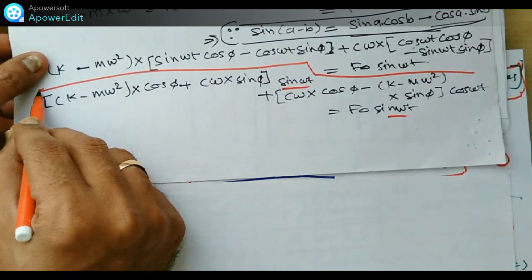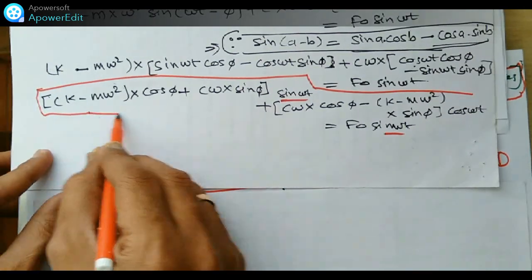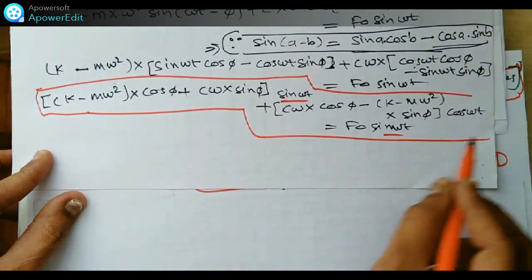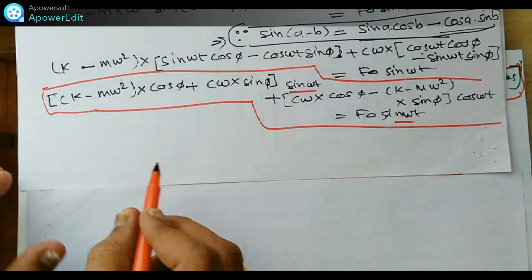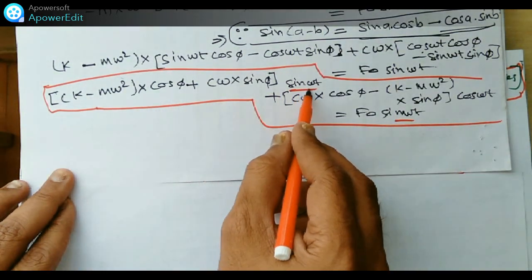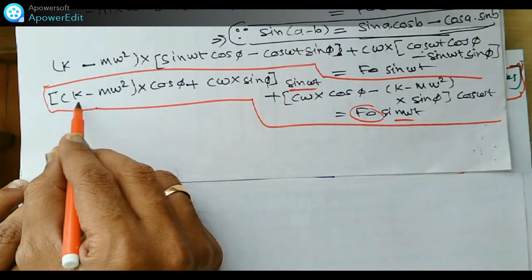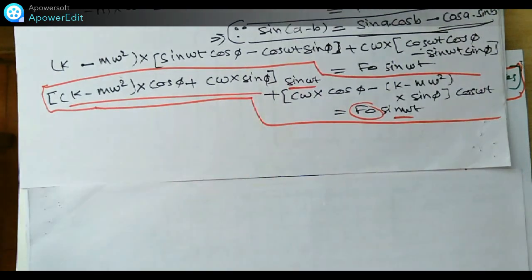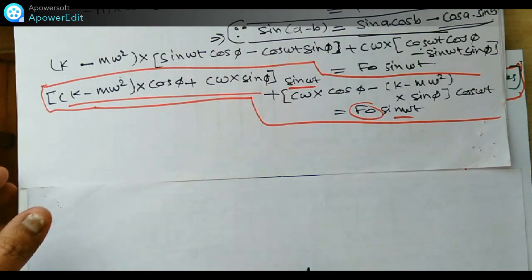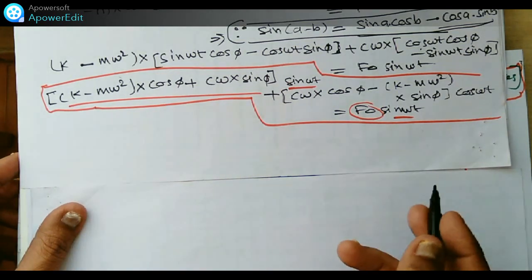Just comparing this sin omega t and this sin omega t, this coefficient we are comparing. We write the coefficients of the left hand side and right hand side separately.